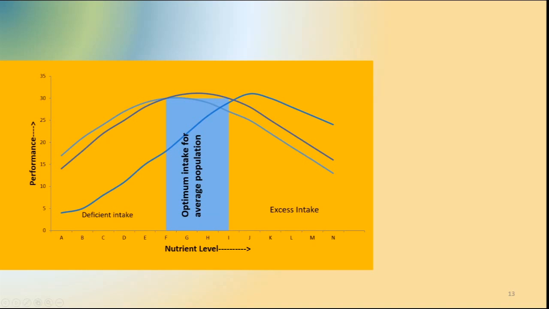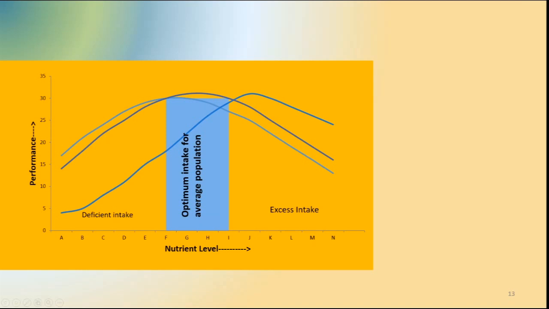And when we increase the intake level from I, there is a drop in the performance of the individual. So from this chart we can conclude that the individuals whose performance is above the average value require less nutrient to attain their maximum performance, and if we increase the nutrient level in their diet, they show a drop in their productivity.